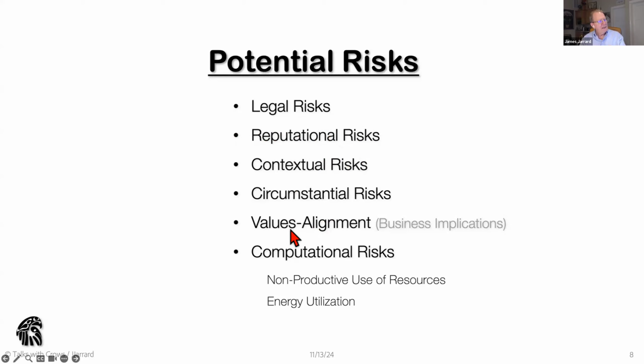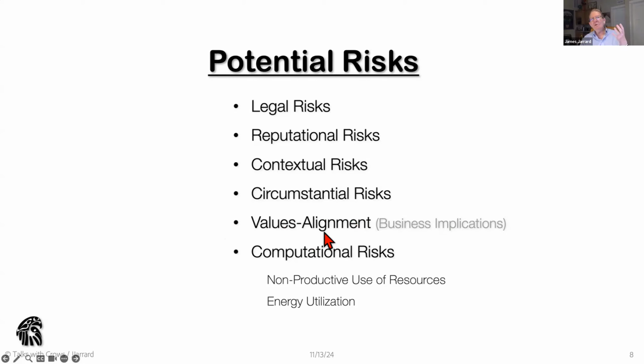Circumstantial risks. Values alignment risks. When I go to Amazon.com and use their AIs, is their value aligned towards selling me more, or aligned towards getting me the best product for me and the best price?